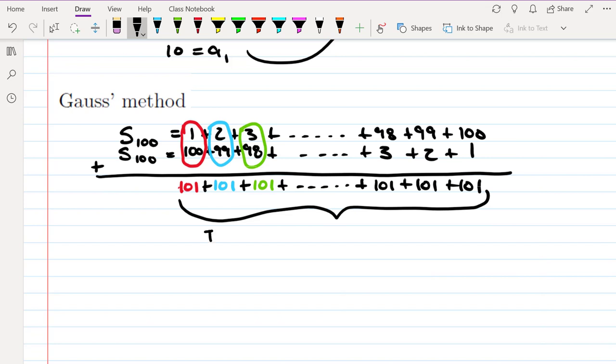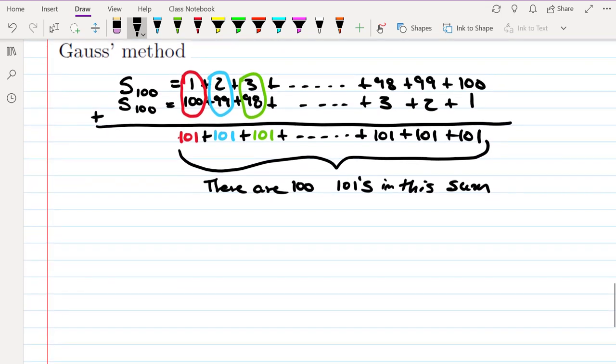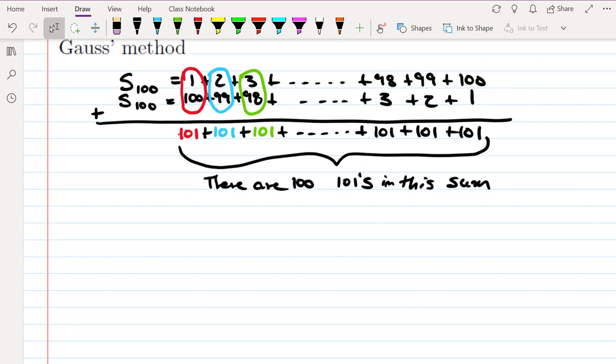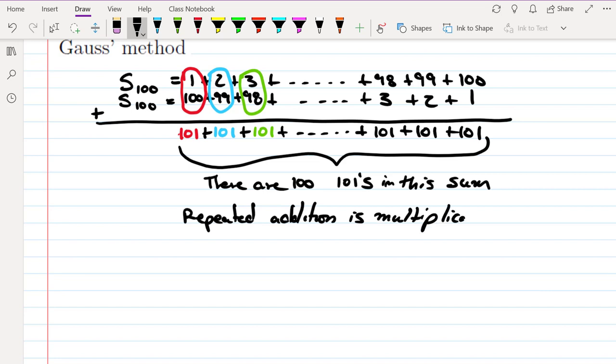Well, there are 100 101s in this sum. But adding the same thing again and again is the same as multiplication. So repeated addition is multiplication. So then this is 101 times 100.